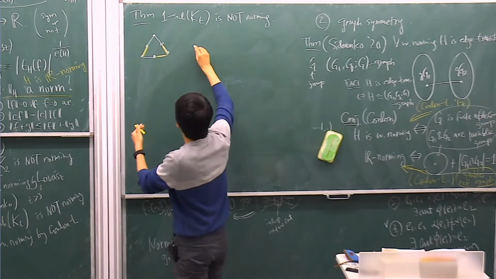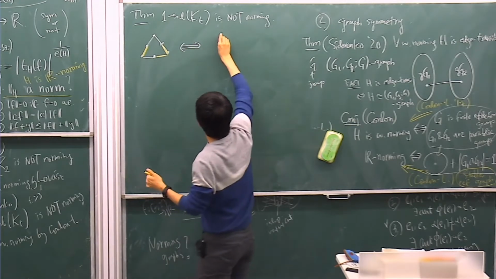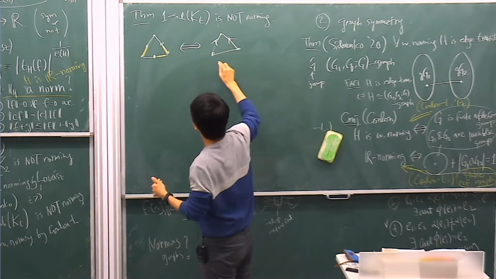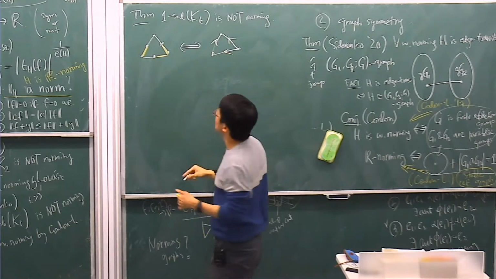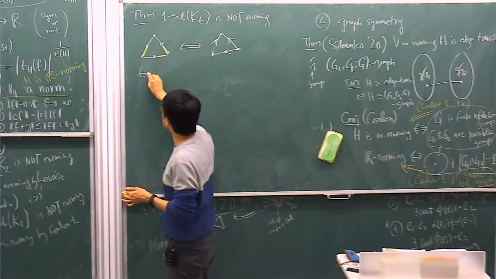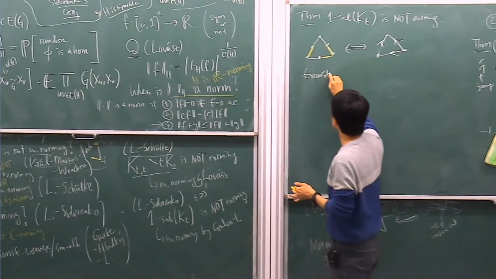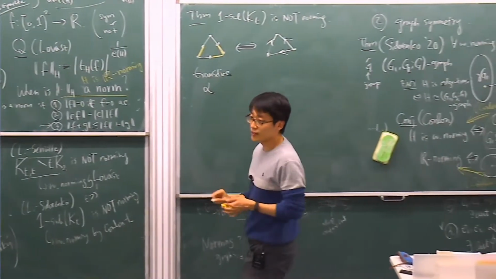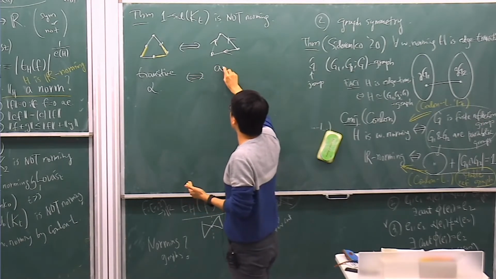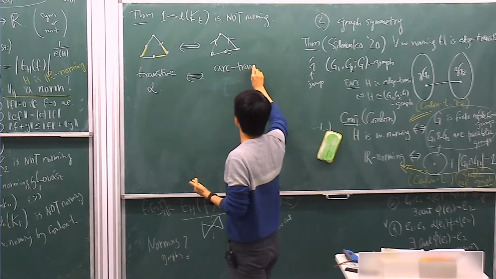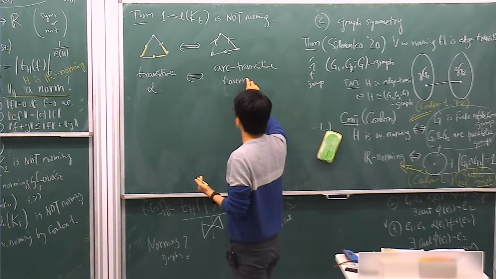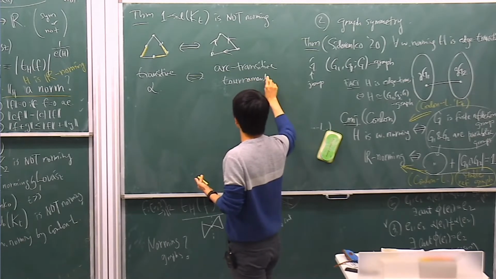Then I can construct a tournament which looks like this. Here I have a transitive coloring alpha, and that corresponds to an arc-transitive tournament.